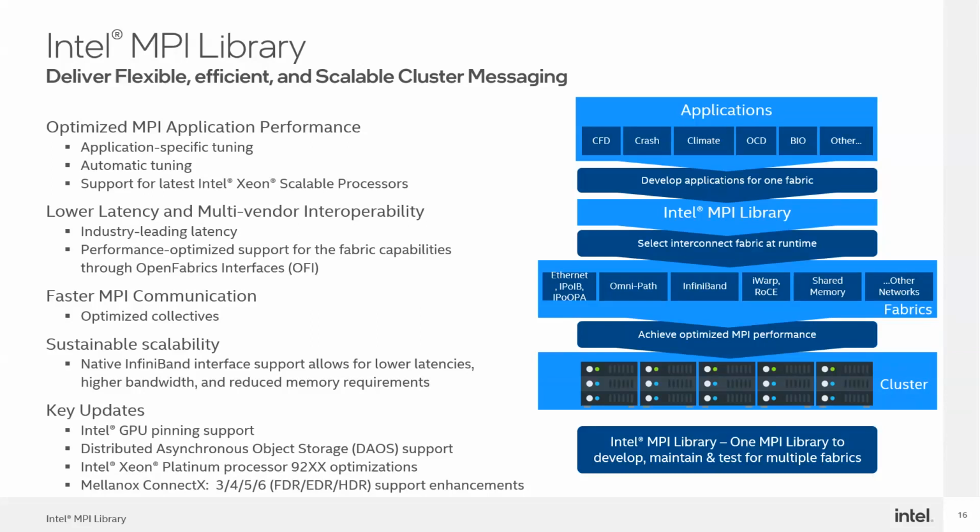So it really relies on the OFI for the low level functions. The library itself is particularly optimized for collectives with specific algorithms and taking advantage of many hardware optimizations available on the underlying networks, especially for InfiniBand.